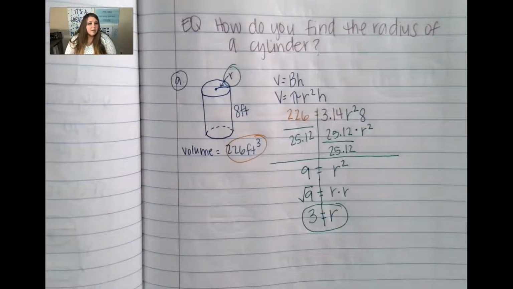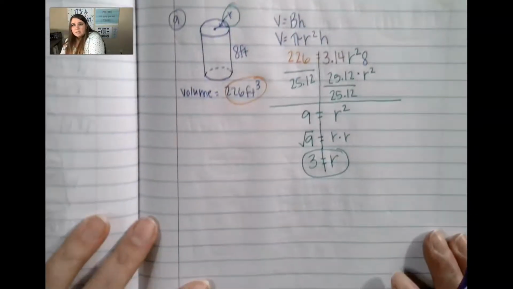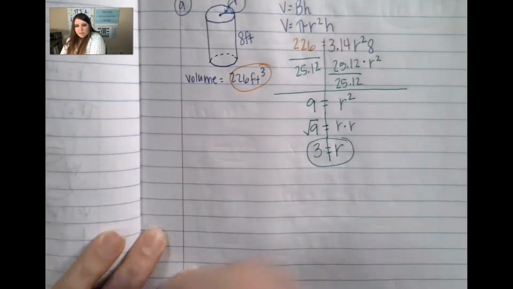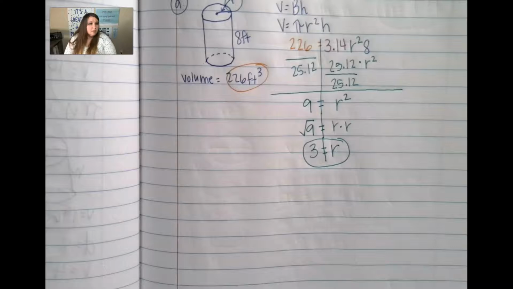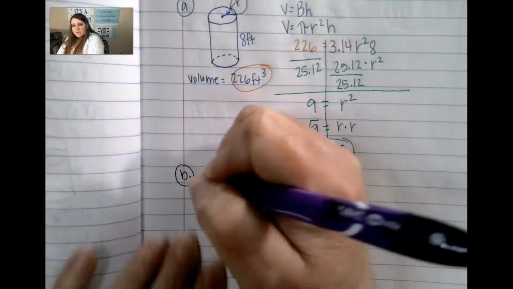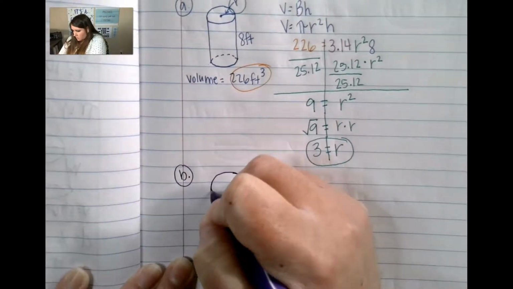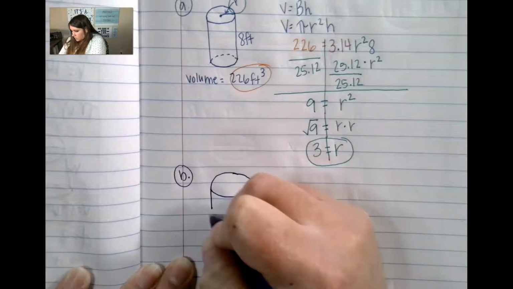Okay, let's do another example. Example B gives us a cylinder that is kind of shorter.